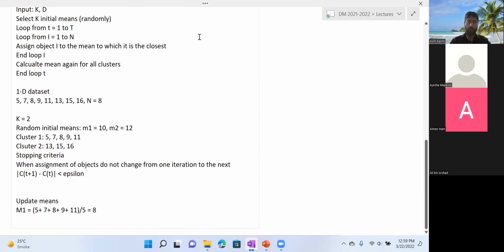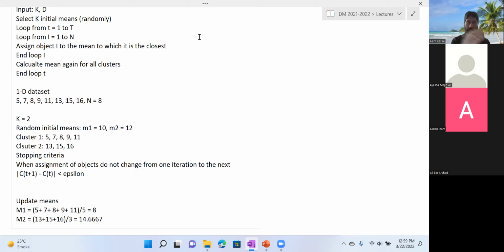So similarly for M2 में मेरे पास है 13, 15 and 16. 13 plus 15 plus 16 divided by 3. So the new mean is 14.67. ठीक है. So 8 and 14.67.